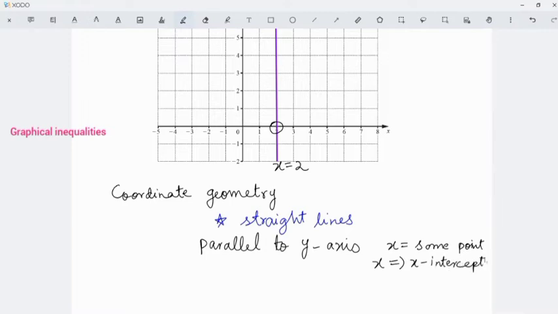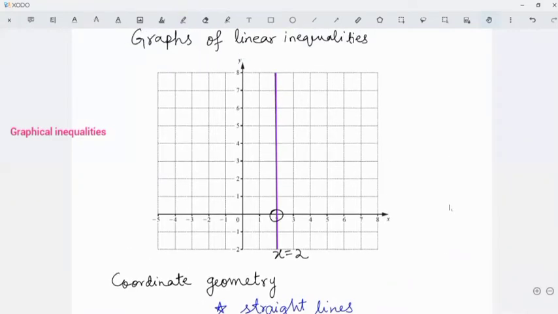So what about the line that is exactly passing along the y-axis? What will be its equation? Is there any value of x on this y-axis? There is no value, meaning is there any plus value or minus value on this line?